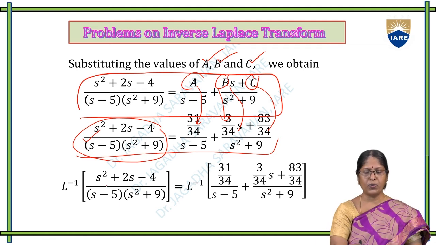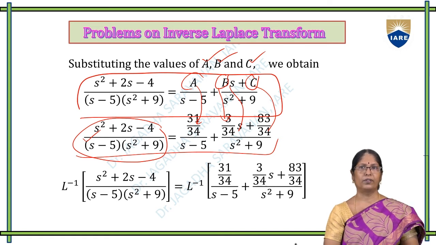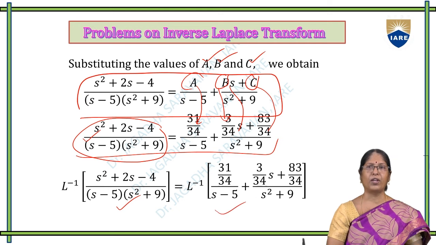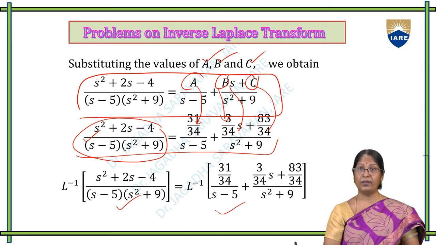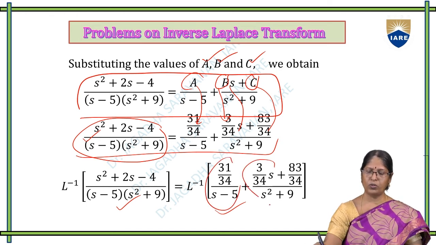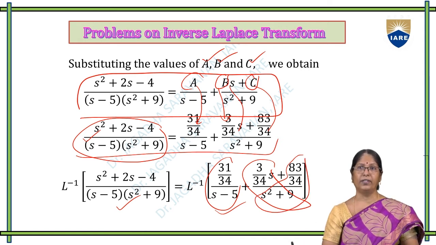So that is the reason we are going to take L inverse on both sides. We have taken L inverse both left and right. But on the right side, L inverse of one term, this is also one term, this is also one term, because put together they are under a common LCM.